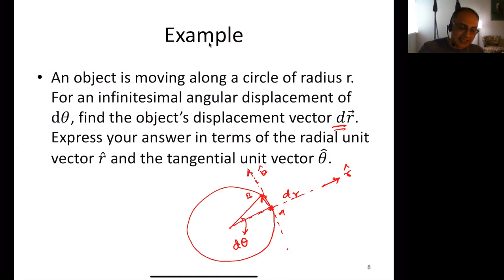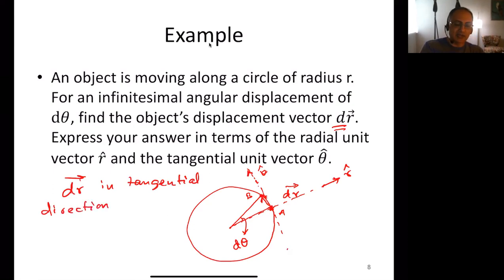So that means this dr is really just in the tangential direction. Is that clear to all of you? Because the angular displacement is infinitesimal, dr would be entirely in the tangential direction. It will not have any component in the radial direction.